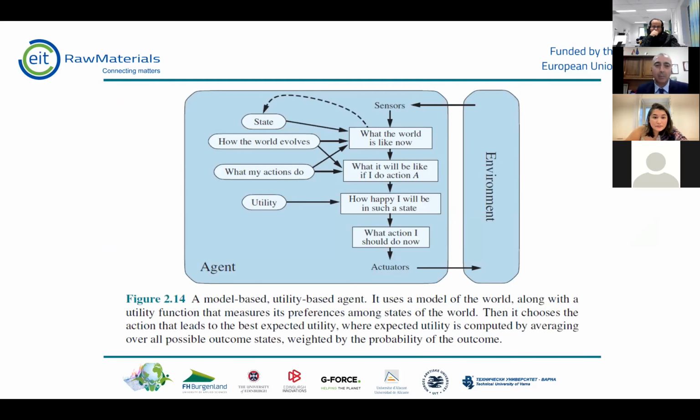Just as an example, I would like to show you the internal structure of an agent which is model-based and utility-based. Here the utility is some cost function which combines different performance measures. For instance, one performance measure could be how fast the vacuum cleaner will clean the entire home.